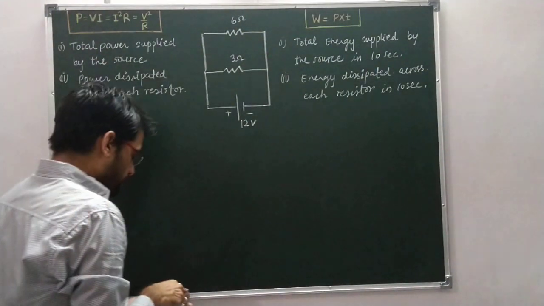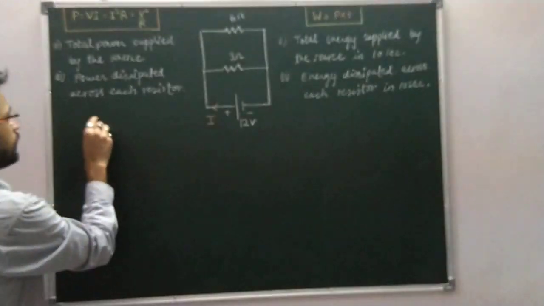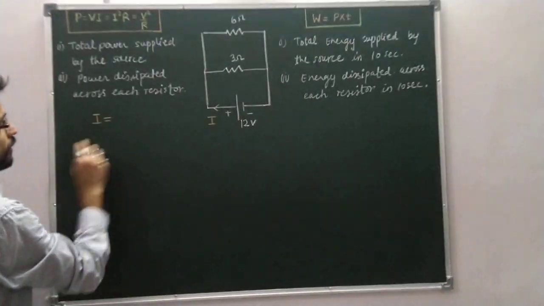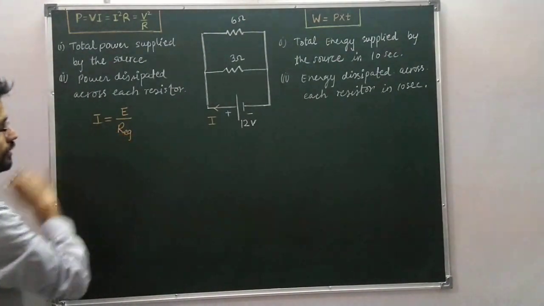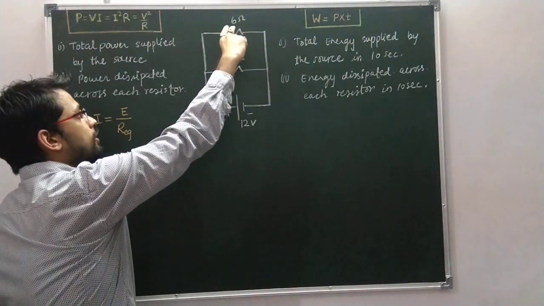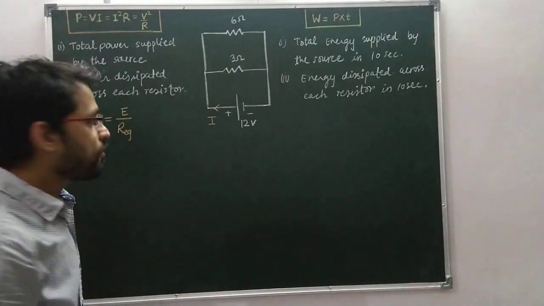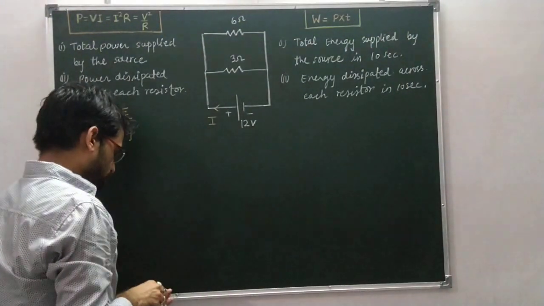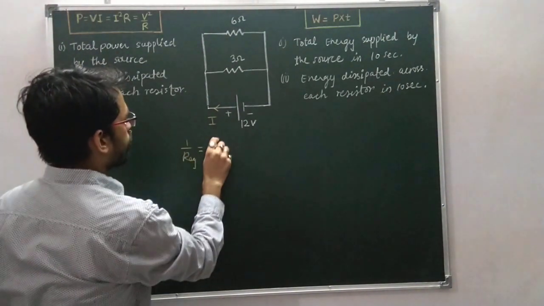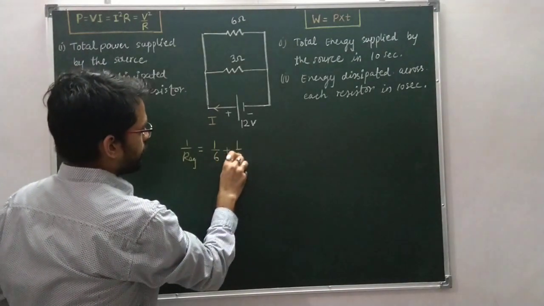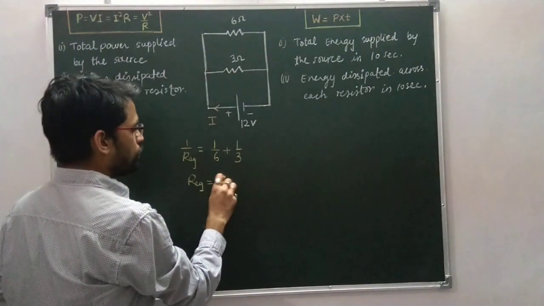And how can we calculate the current drawn from the cell? The current drawn from the cell is given by the EMF of the cell divided by the total equivalent resistance. Here in the circuit we have two resistors connected in parallel, so their parallel equivalent will be 1 upon Req is equal to 1 by 6 plus 1 by 3, and Req will be equal to 2 ohm.